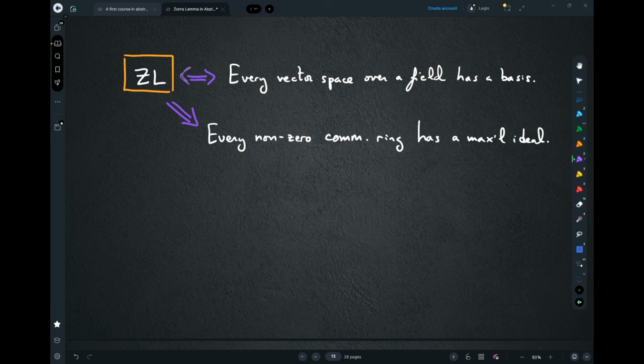Similarly, if you assume that every non-zero commutative ring has a maximal ideal, that is also equivalent to Zorn's lemma. So we are using Zorn's lemma to prove these results, but there is no other way around it because these are logically equivalent statements to Zorn's lemma itself.